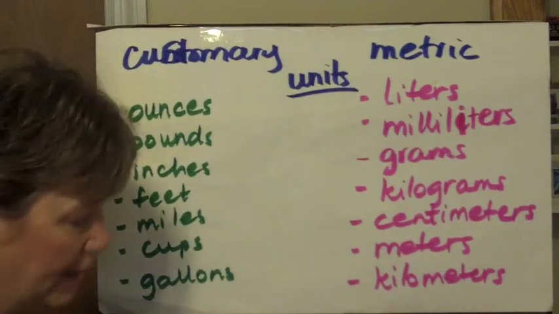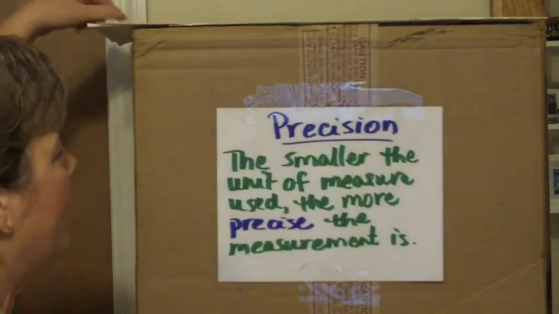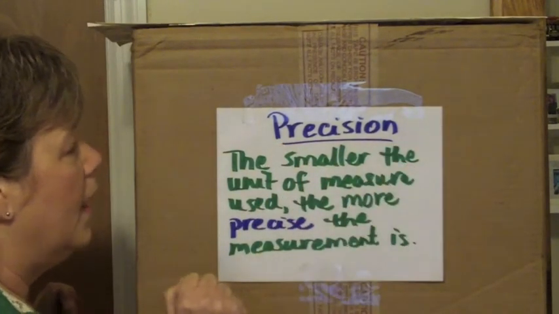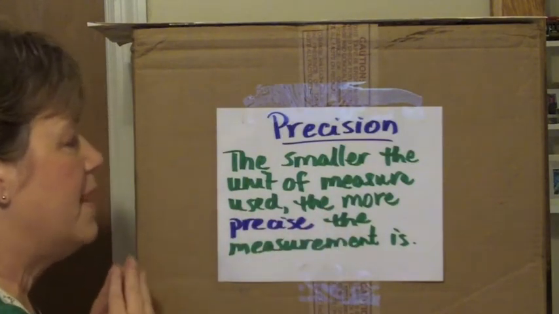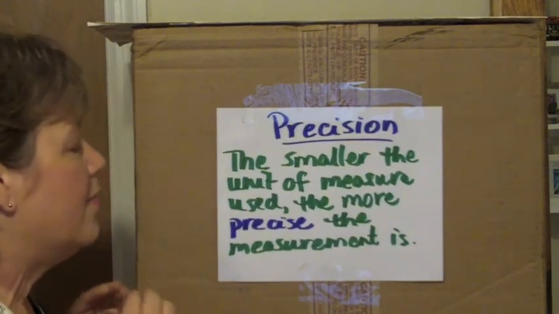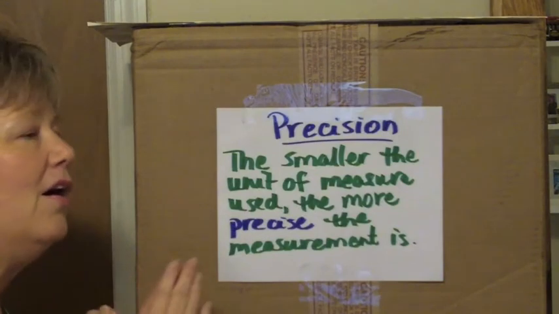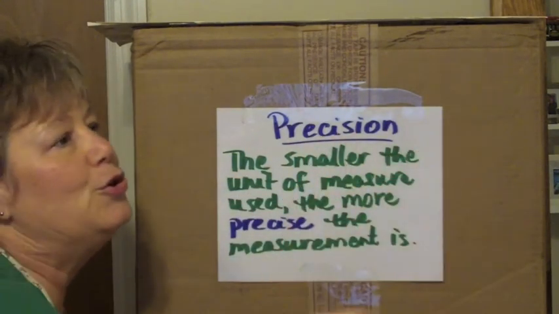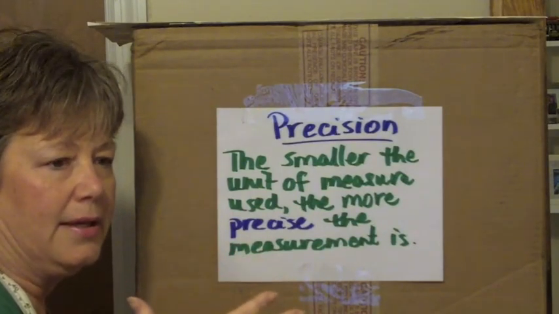What I want you to be able to understand as we begin this is the definition of precision. Precision. The smaller the unit of measure used, the more precise the measurement is. So if I say, oh, it's about 2 feet, then that's kind of estimating it.